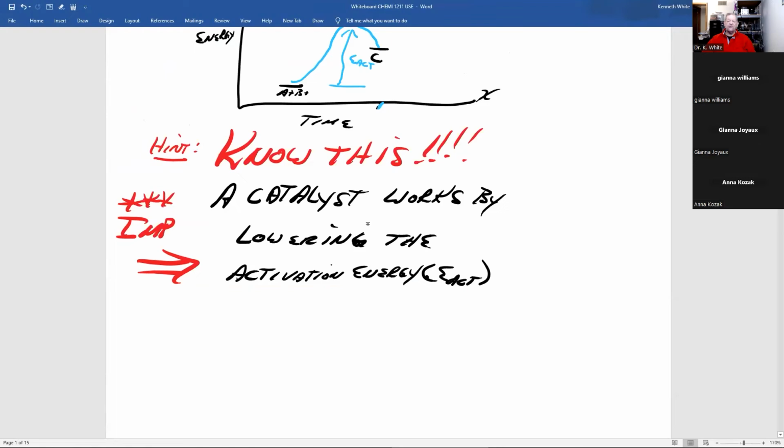A catalyst works by lowering the activation energy. I'll say it again, as it says on the screen. See, you should know this. A catalyst works by lowering the activation energy.